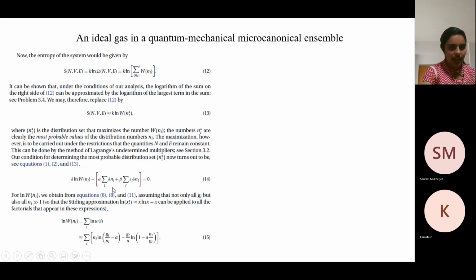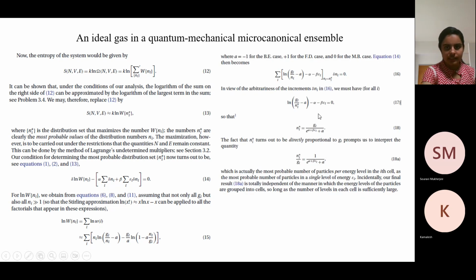We use the Lagrange undetermined multiplier method, because these are the two conditions that have to be satisfied by the system: the summation over Ni equals capital N, and the summation over Ei Ni gives you E, the total energy. If you solve this, the delta of this term is 0, because you want to maximize the number of microstates. Putting in the values using the Stirling approximation, finally you get this.